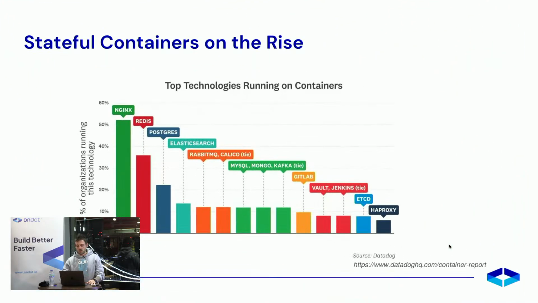Okay. So why stateful sets? Why now? The first thing, if you look at what is on the screen right now, is a report by Datadog, which has been updated in October. That's the top 14 container images used in the industry.